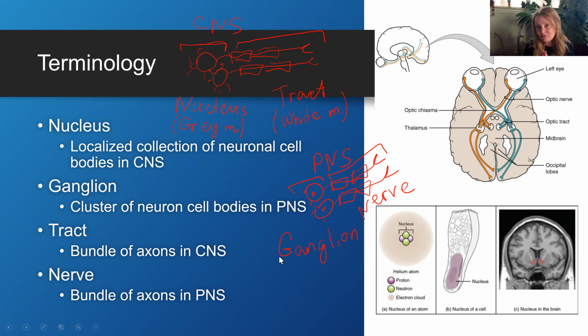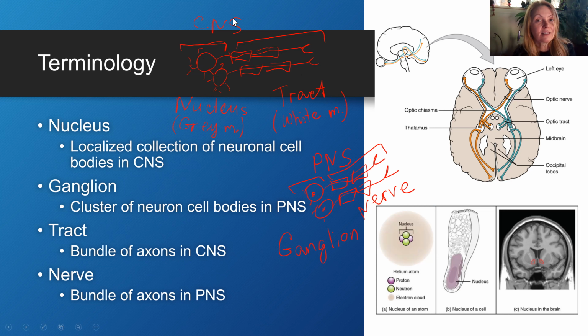So we have the same cells, neurons. For example, a motor neuron is a multipolar neuron. A general neuron has a cell body and an axon, so we have a whole bunch of cell bodies and a whole bunch of axons.